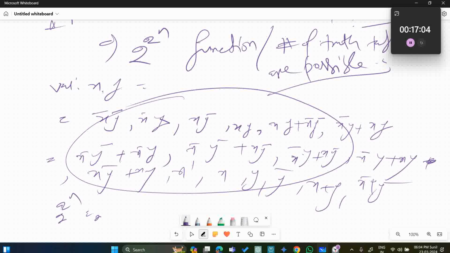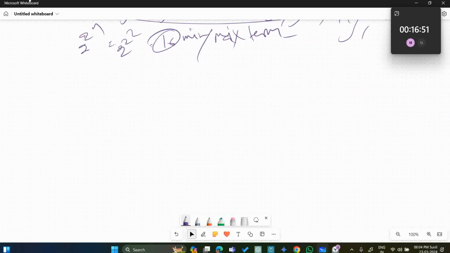Next, for 2 to the power 2 to the power n, with n equal to 2, would be 2 to the power 2 to the power 2, 2 to the 4, 16 min terms or max terms. All right. Tautology contains 2 to the power n min terms.